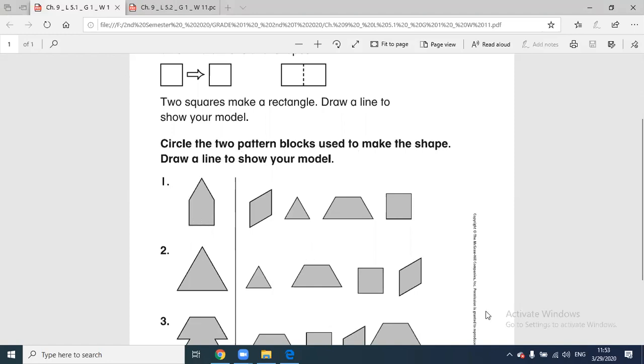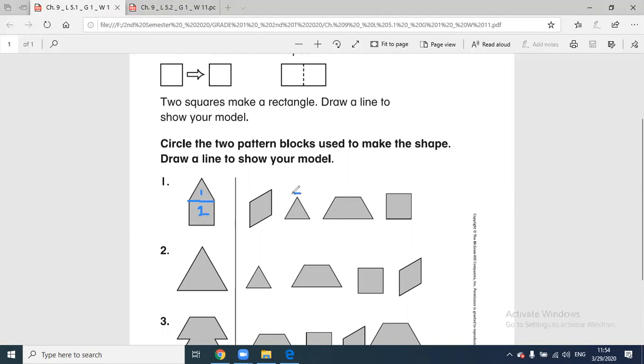Number one. I told you, you can draw a line inside the shape to divide it into many shapes. As we see here, number one, if I draw a line here, now I divide it into two shapes, number one and number two. What is the shape of number one?